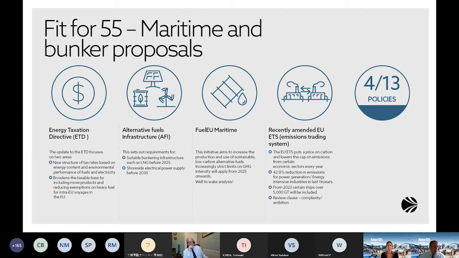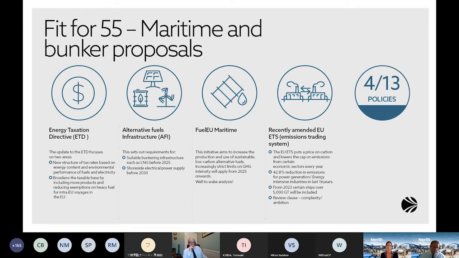So we've got the Fit for 55 maritime bunker proposals. We've got the Energy Tax Directive, ETD, and the update to the ETD focuses on two areas, recently announced on July the 14th. The first is a new structure of tax rates based on energy content and environmental performance of fuels and electricity.